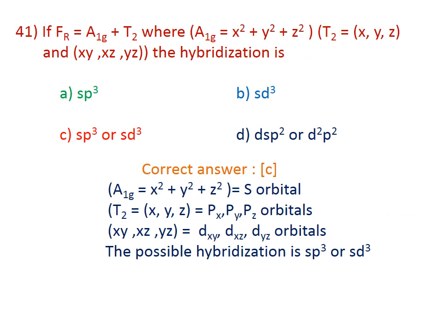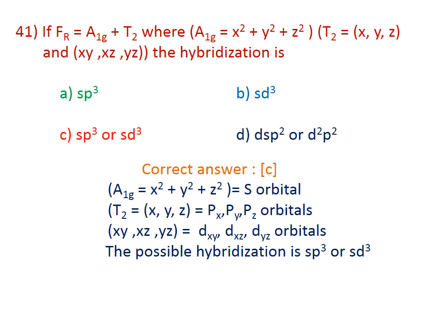41. If tau is equal to A1g plus T2, where A1g is x square plus y square plus z square, and T2 is x, y, z and xy, xz and yz, the possible hybridization is: you know very well, if the irreducible representation is A1g, which is x square plus y square plus z square, that represents s orbital.